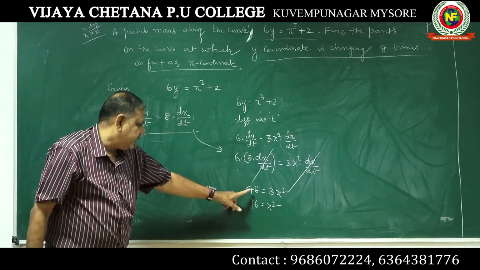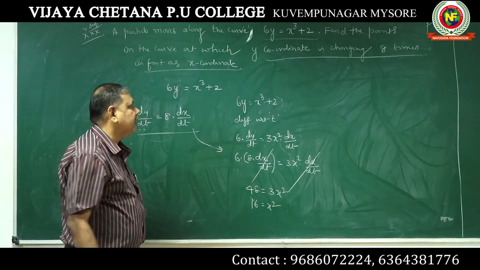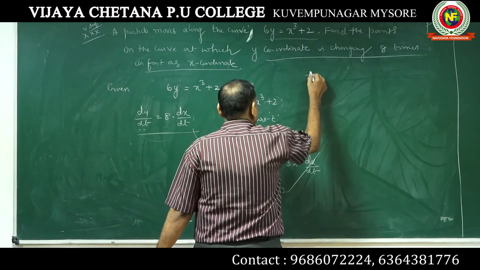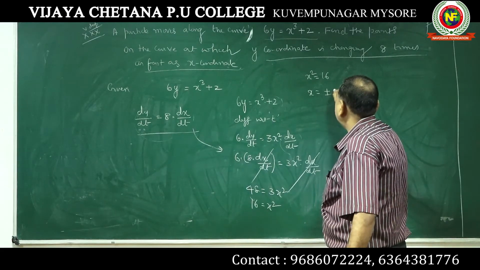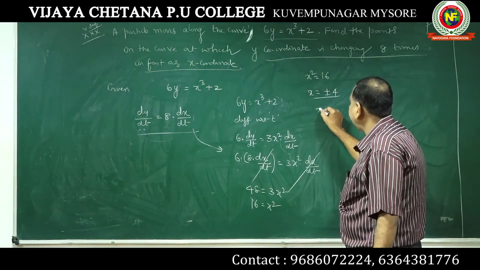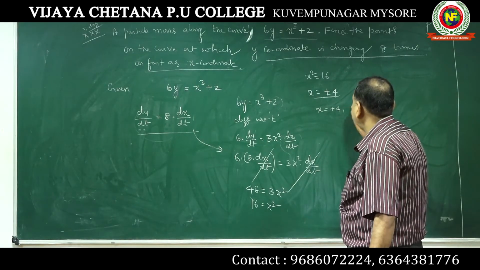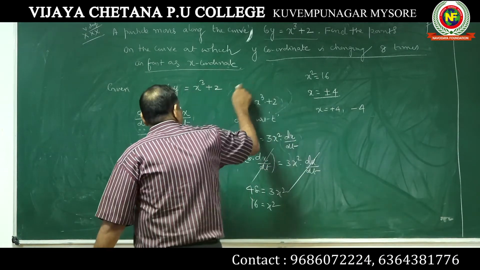Understood? When x square is equal to 16, x is equal to plus or minus 4, square root of 16. So there are two points, one plus 4 and one minus 4. For both points you have to find out y.